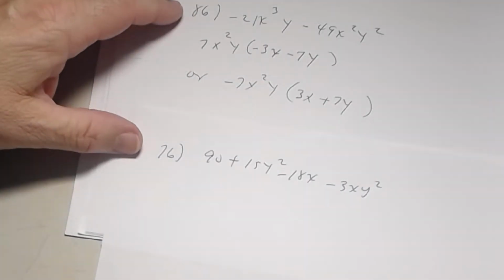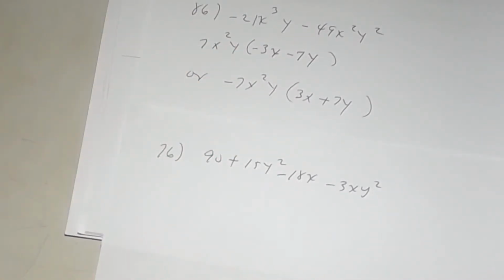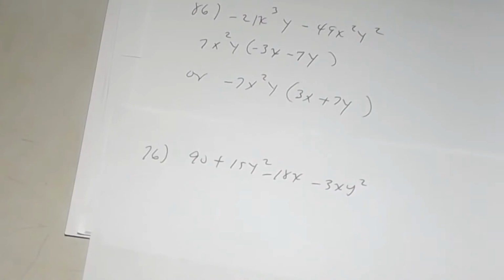All right, and then finally, number 76. Let's go ahead and do the GCF at the beginning, not within it. What's the GCF? 3. That's 3x squared... 90 plus 15y squared minus 18x minus 3. What's the GCF? 3.